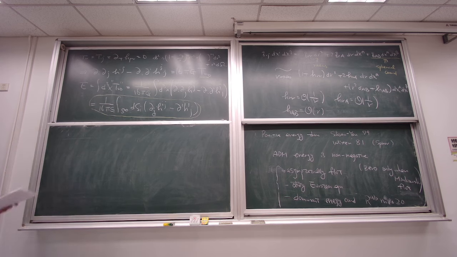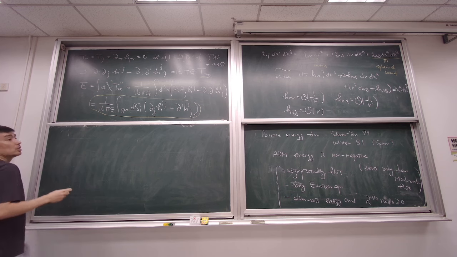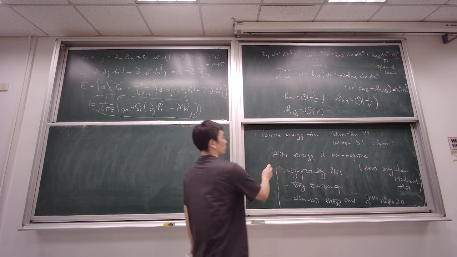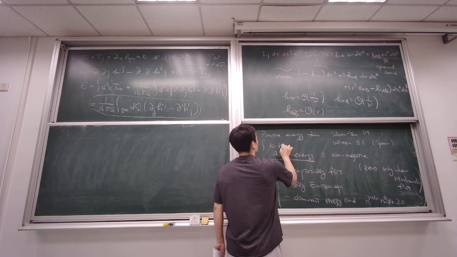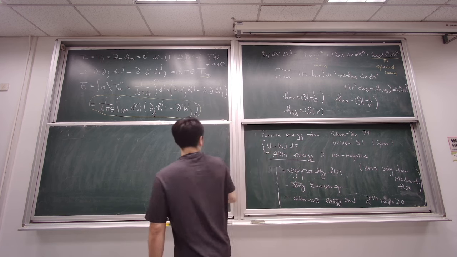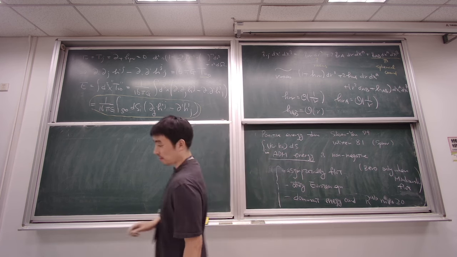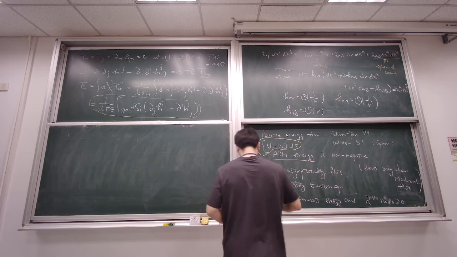Fine, and the momentum really comes from the second term. As I mentioned, the ADM energy comes from K minus K0 at S infinity. It's coming from here.